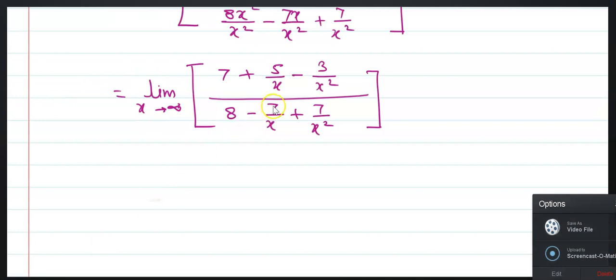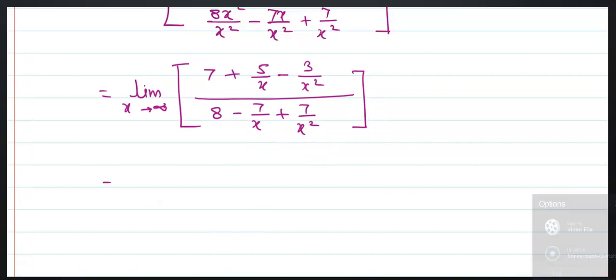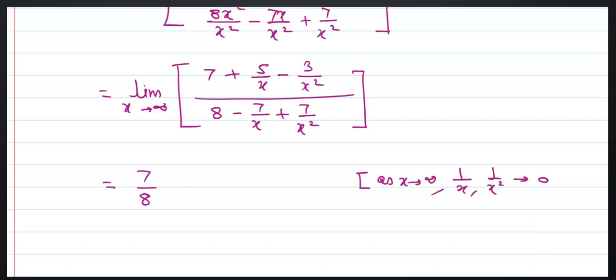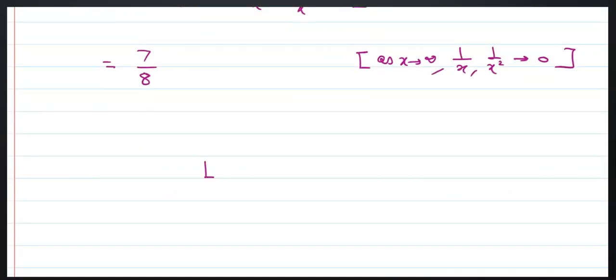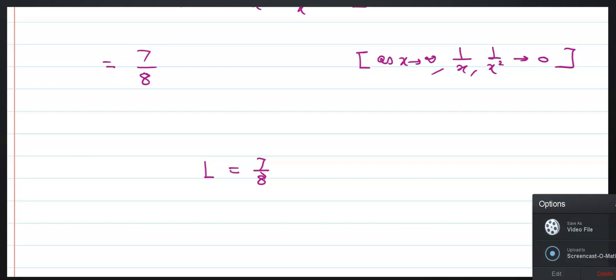Now as x tends to infinity, these terms become 0. Therefore, the answer is 7 upon 8. As x tends to infinity, 1 upon x square tends to 0. Therefore, it is equal to 7 upon 8.